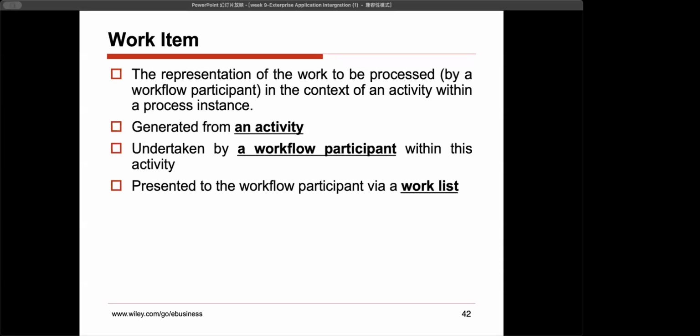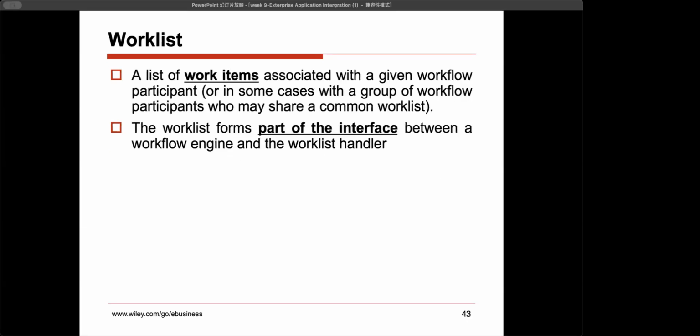Okay, we go back to the work item. The representation of the work to be processed by a workflow participant in the context of an activity within a single process instance. Generated from activity undertaken by a workflow participant, and presented to the workflow participant via the work list.